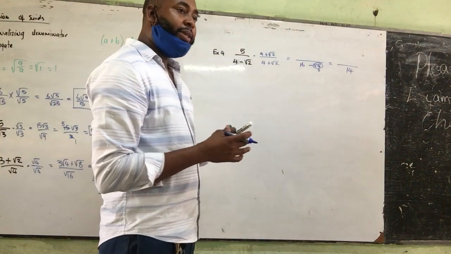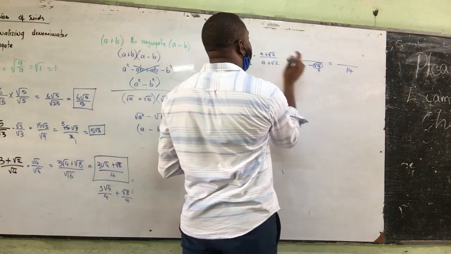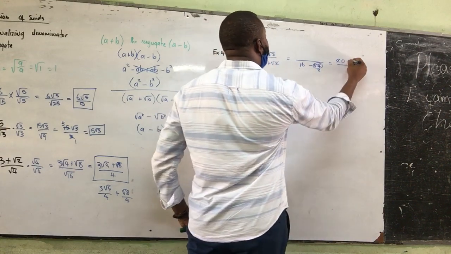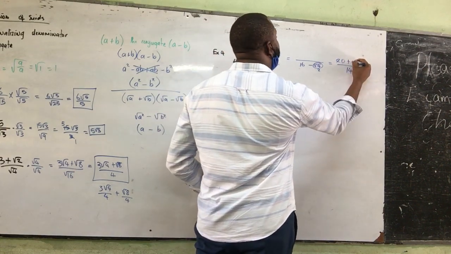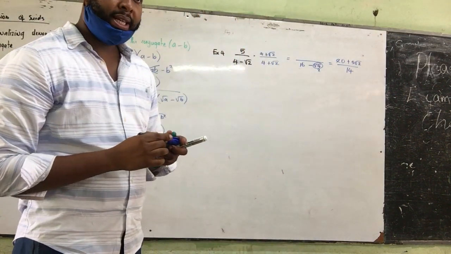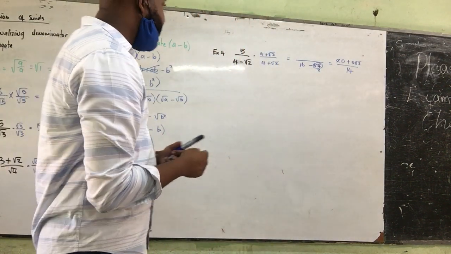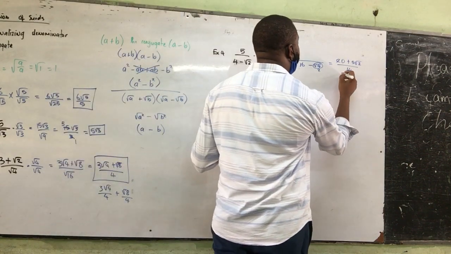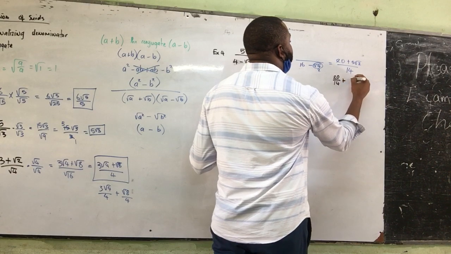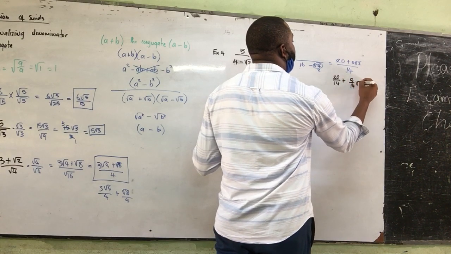So what's the numerator going to be? 5 times this. 5 times 4 is going to be 20, plus 5 times root 2 is 5 root 2. Understand? If we want to break it up into single fractions and reduce a bit, I would have 20 over 14 plus 5 root 2 over 14.